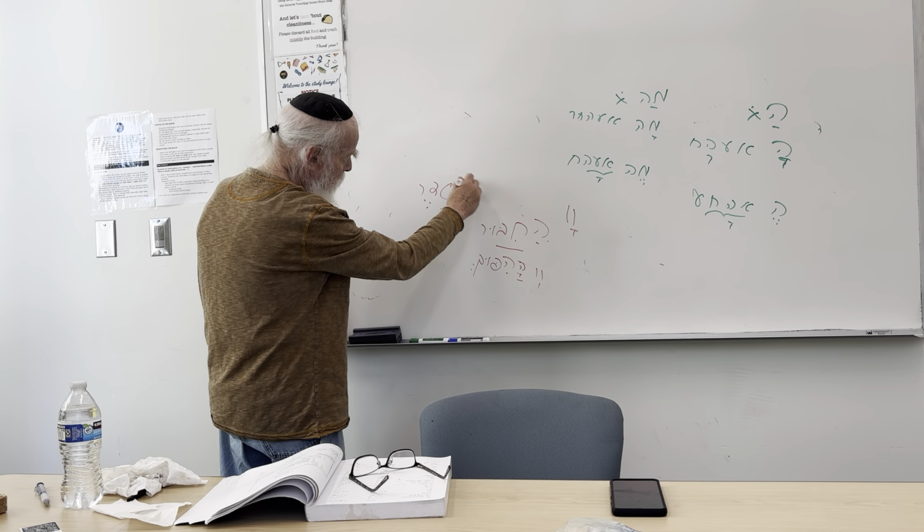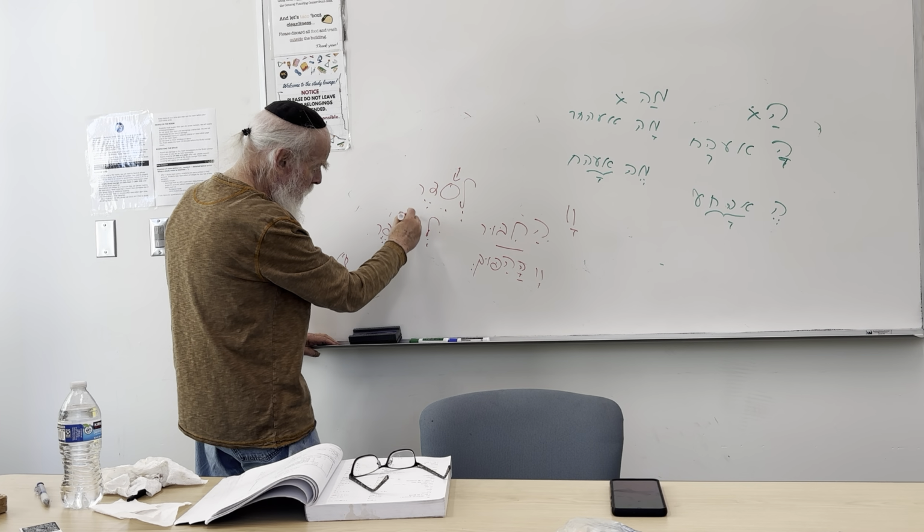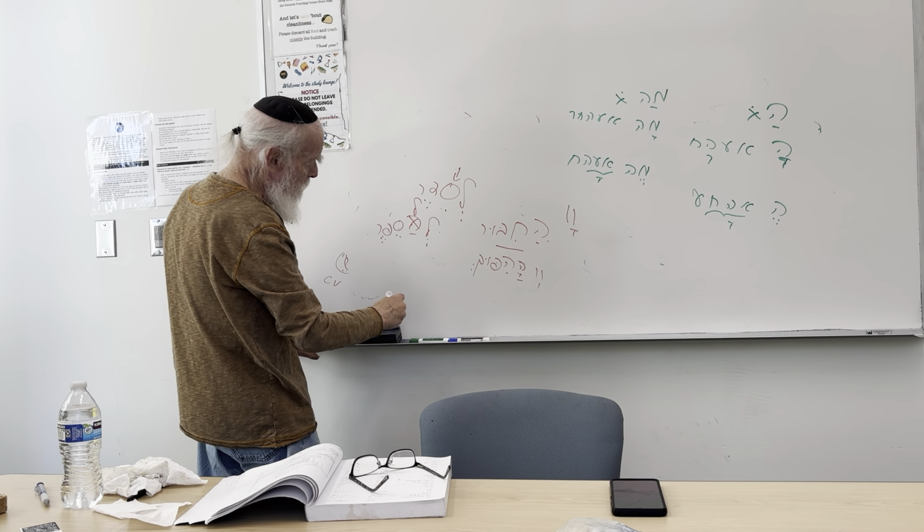If I want to say to the book, I have HaSefer. I add the Lamed. The Lamed is pointed with a Shva, strikes out the hay, takes over its vowel. LaSefer, to the book.